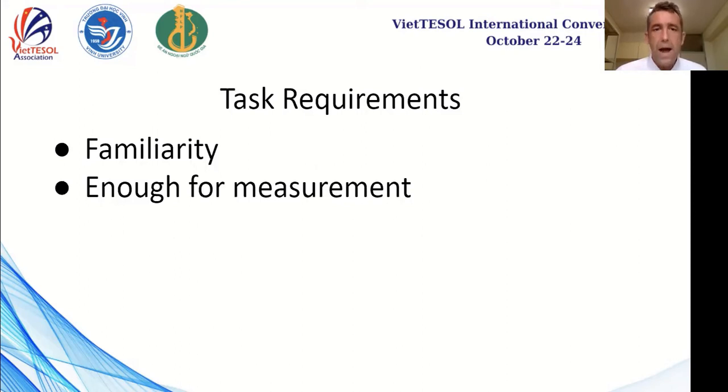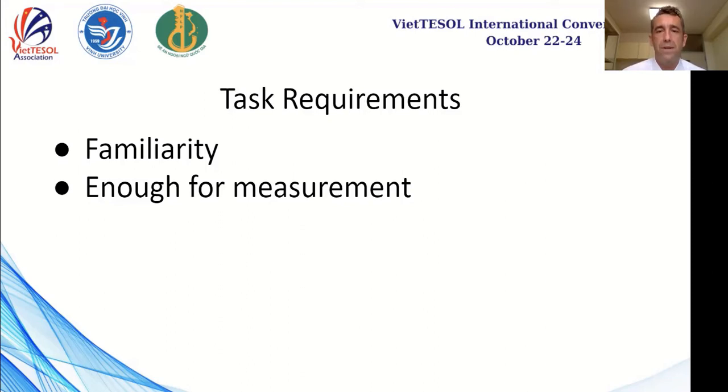Now, as far as our tasks, the tasks that we use in this test, two requirements we thought were needed. The first one is familiarity of the content. What we have noticed in other widely used tests is that oftentimes the content refers to things such as house parties and sports that perhaps Japanese speakers cannot relate to.